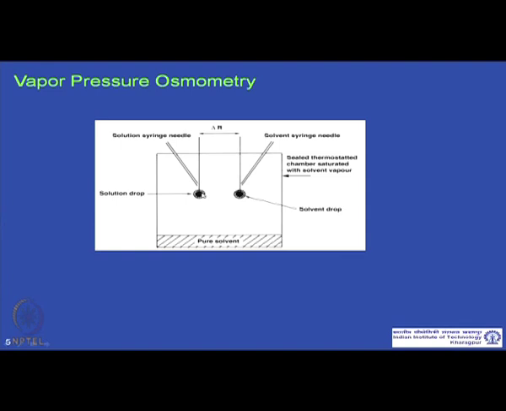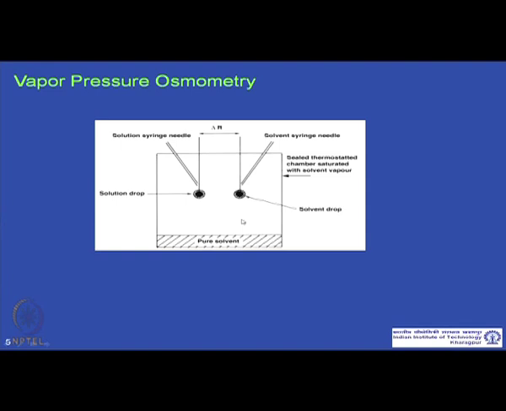An equilibrium should arise where the vapor pressure of the solvent at this elevated temperature is the same as the vapor pressure of the pure solvent at the temperature of the thermostat.